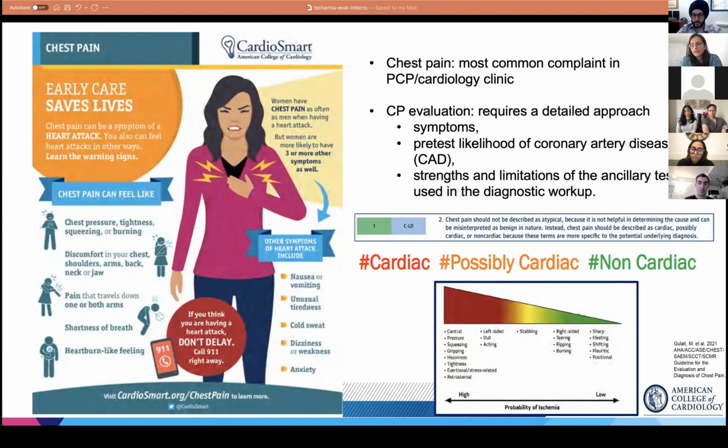Or is it more likely non-cardiac pain, which would be more like pleuritic chest pain symptoms? Once you have that in mind, you want to assess what the pretest probability of coronary artery disease is for this patient. Based on that, you will decide what test you want to order, or whether you need any diagnostic testing at all to figure out what is going on.